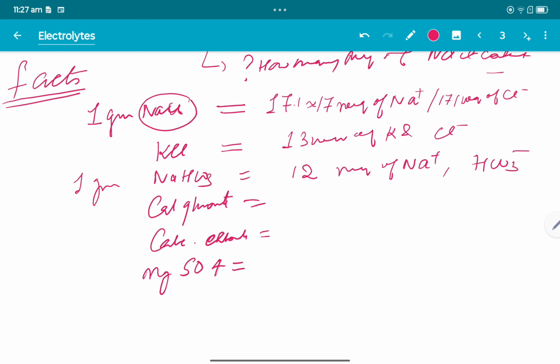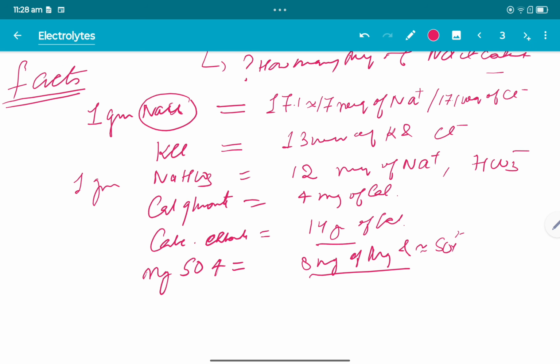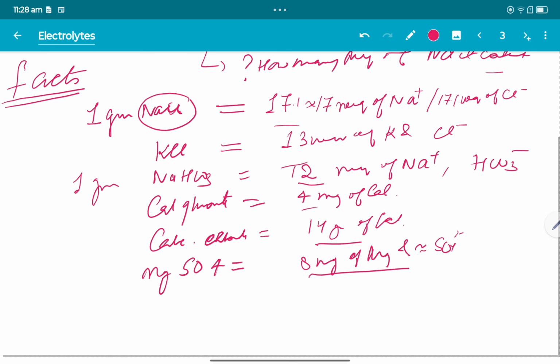Calcium gluconate, 1 gram of calcium gluconate has 4 milliequivalent of calcium. Similarly, 1 gram of calcium chloride has 14 milliequivalent of calcium, and 1 gram of magnesium sulfate has 8 milliequivalent of magnesium and an equal amount of sulfate. Okay. So these are the things that you should remember.